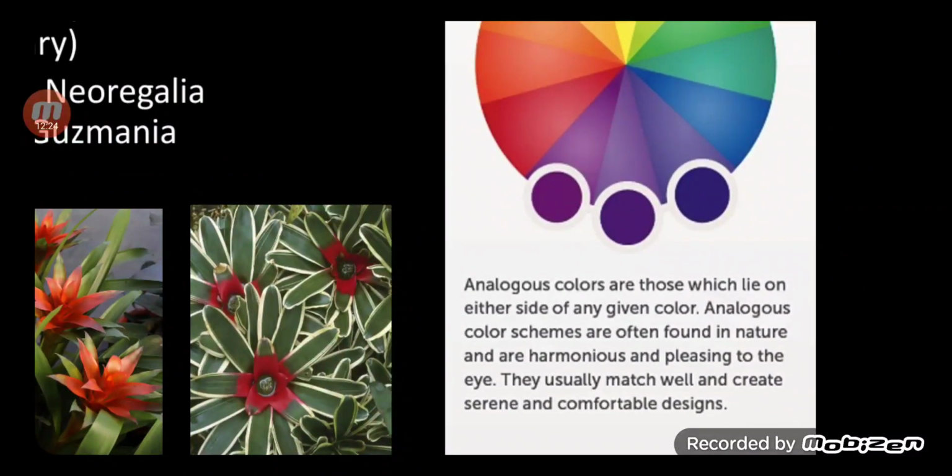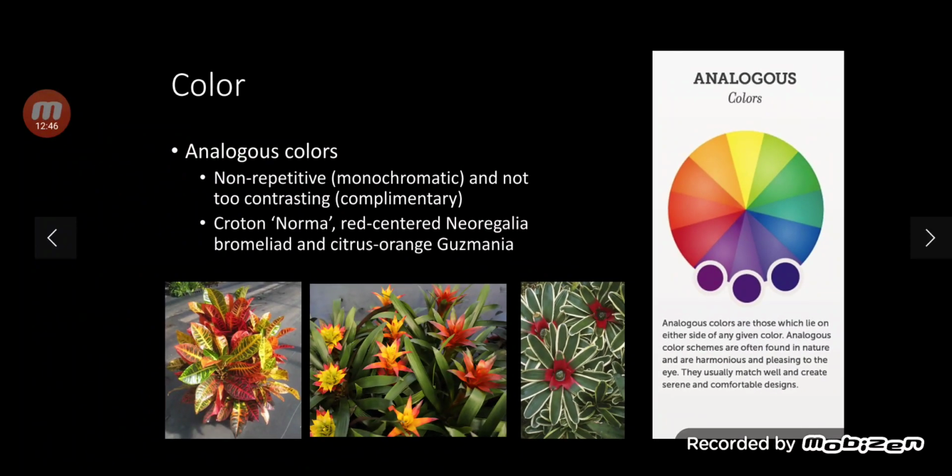Analogous colors are those which lie on either side of any given color. Analogous color schemes are often found in nature and are harmonious and pleasing to the eye. They usually match well and create serene and comfortable design.